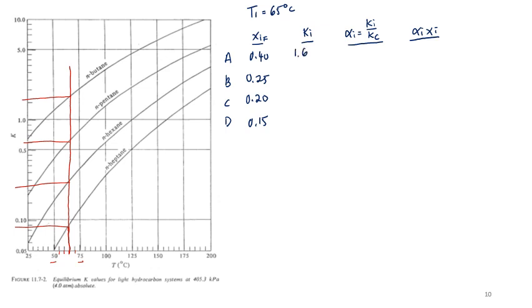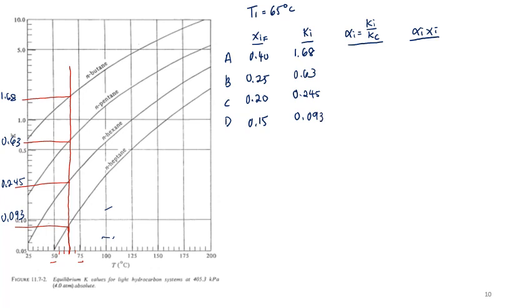So from the book, the K value for A is 1.68, and then for B is about 0.63, and then for component C is 0.245, and for component D is 0.093. That's what is given from the book. You can check these values with other charts, like the Bristol chart. You should get almost the same value.